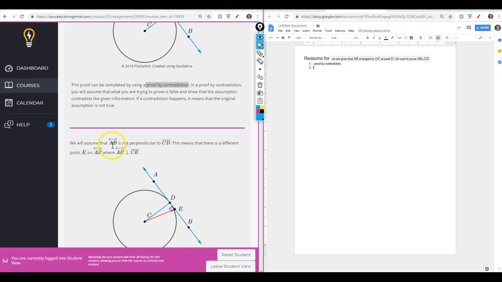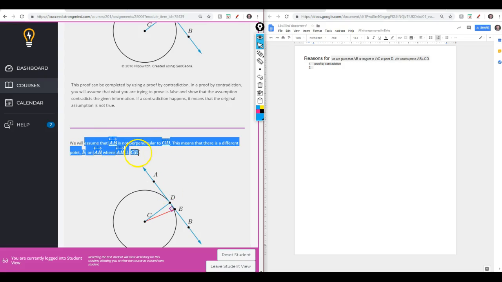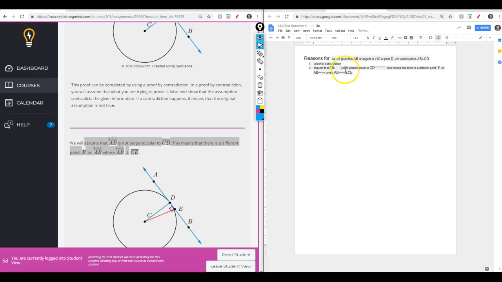So we will assume that AB is not perpendicular, and that means that some other point on this line would be perpendicular. So I'm just copying that.